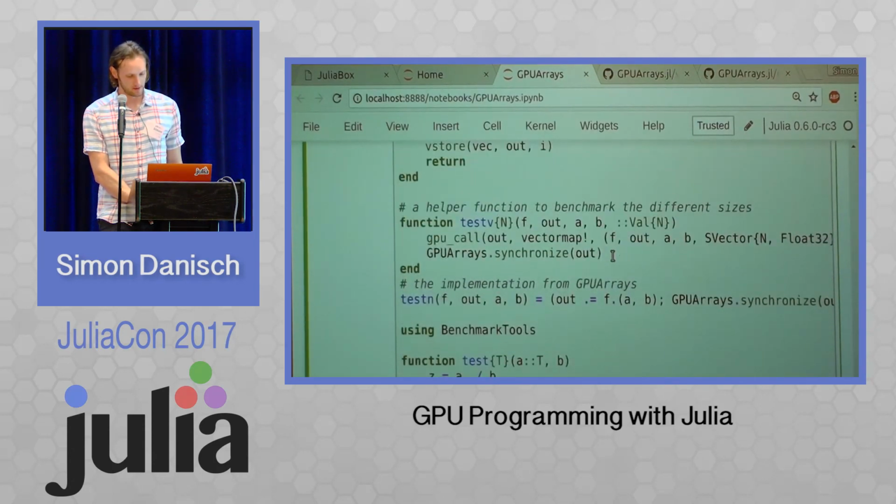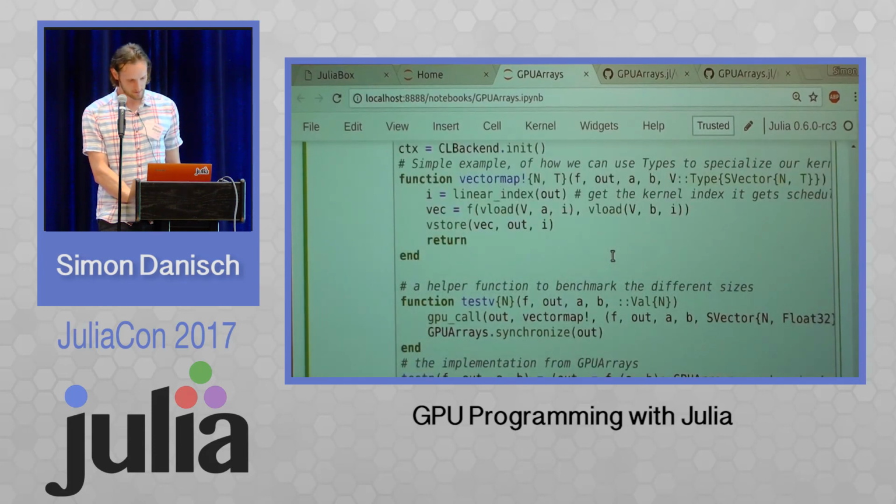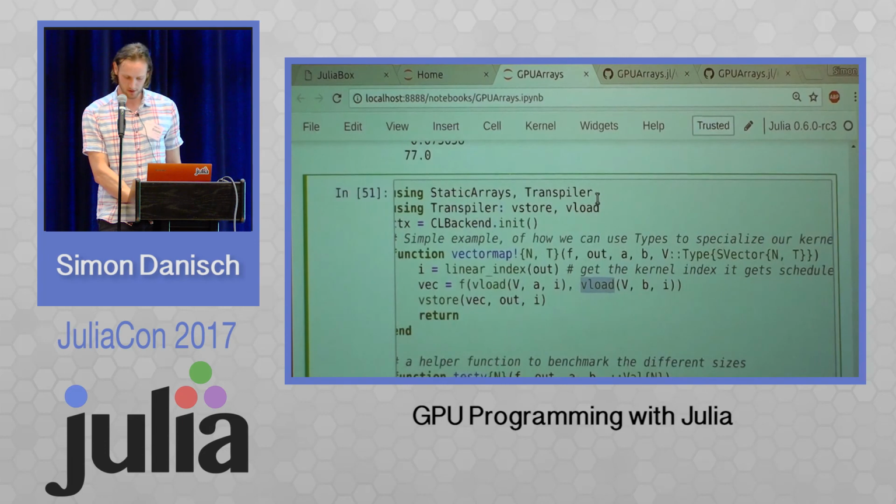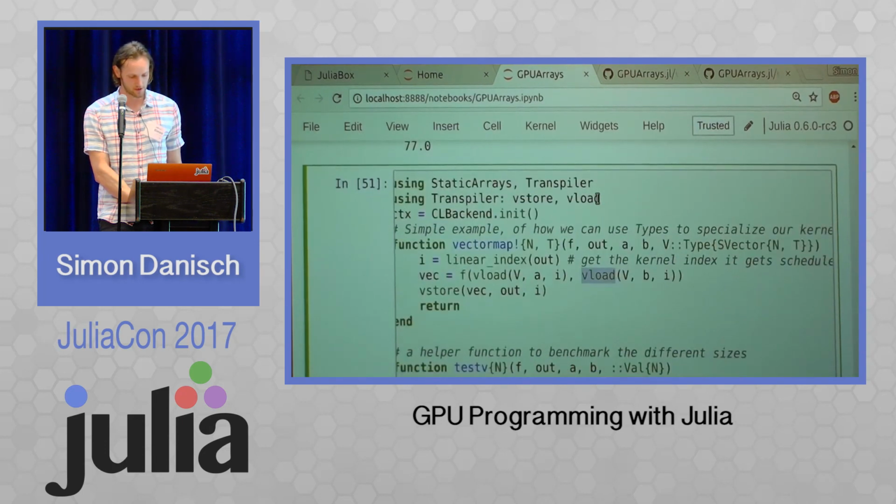I have one last example which I wanted to demonstrate because it also shows quite nicely what you can do with Julia and specializing on the type. So I offer vload, which is a vector load from an array. It just loads 4 floats at a time, for example. And that works really nicely because I can actually pass around the vector type I want to load.